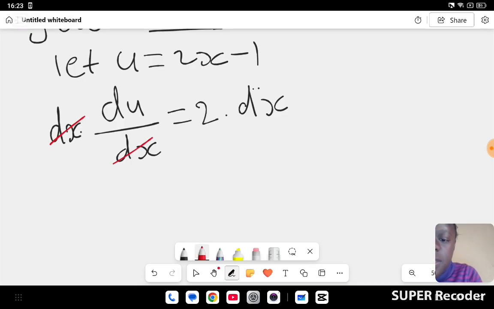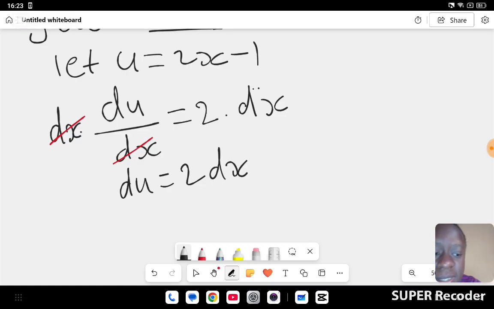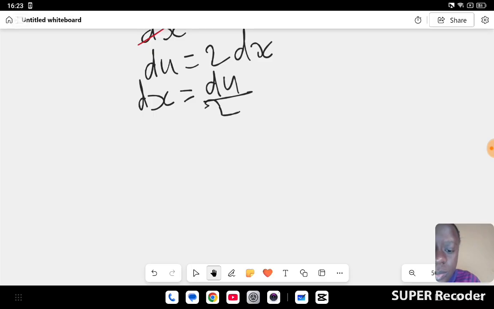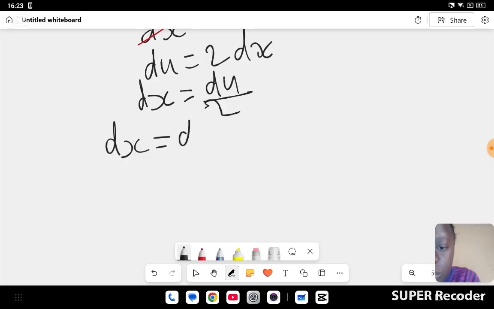This will cancel this one and we'll be left with du equal to 2dx. So let's make dx the subject of the formula. dx is equal to du divided by 2.